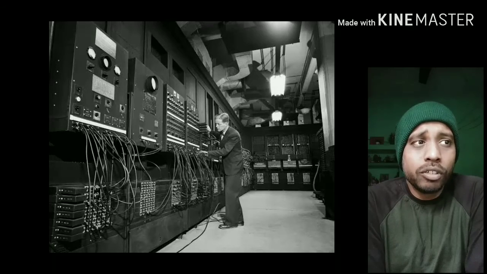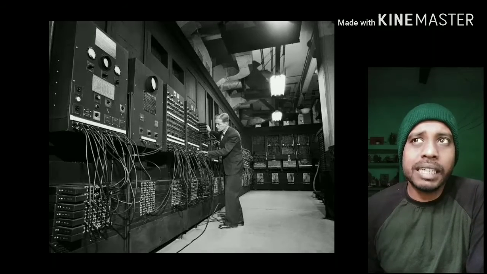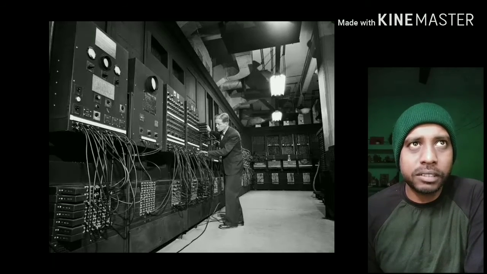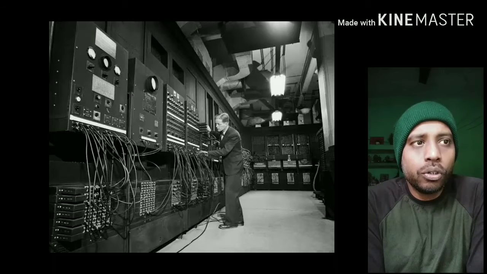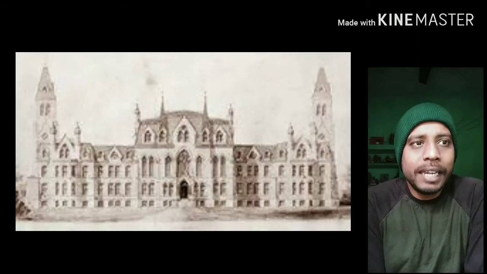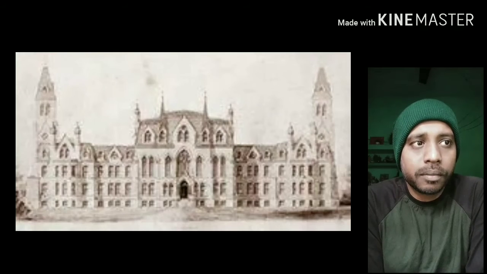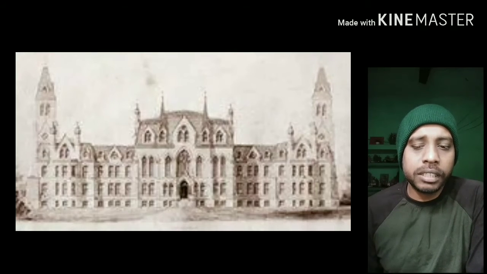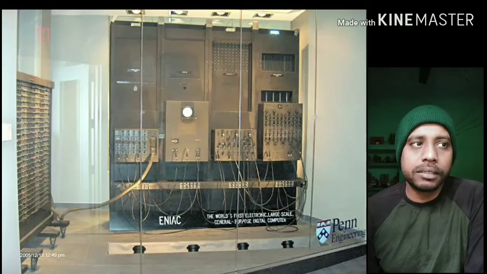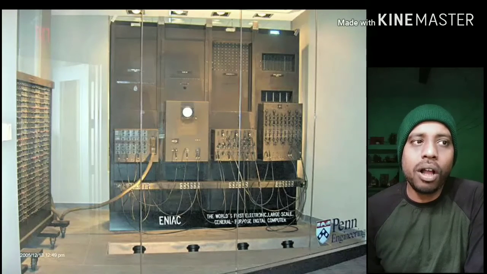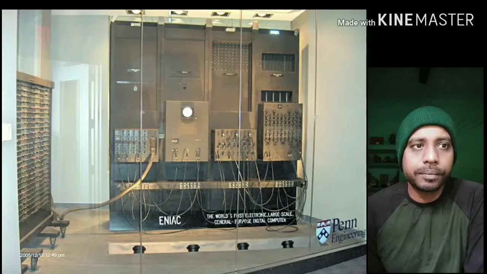Also, in many universities, research and development on computing devices, software, and programming languages started after the Second World War. At the University of Pennsylvania, the first general purpose computer was formed, and it had only electronic components, not any mechanical components. All the components were electronic.